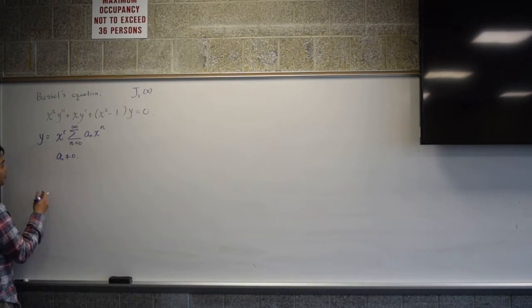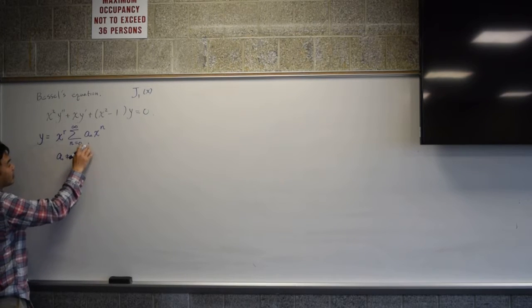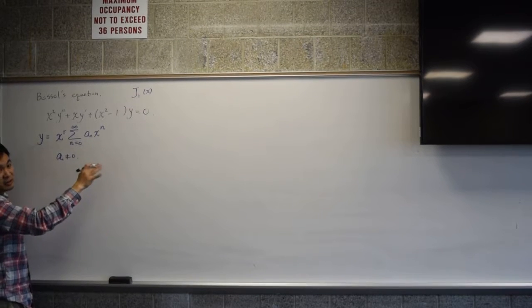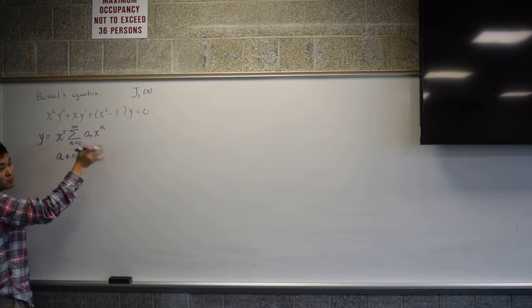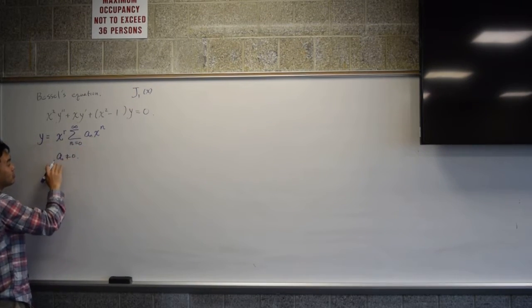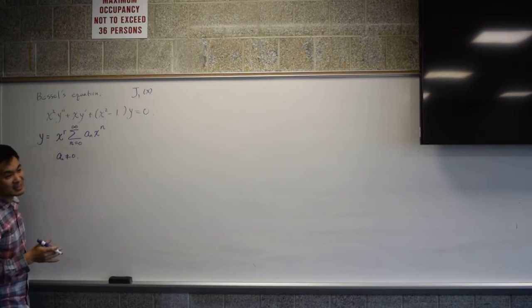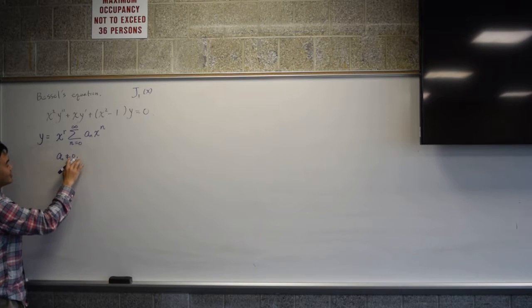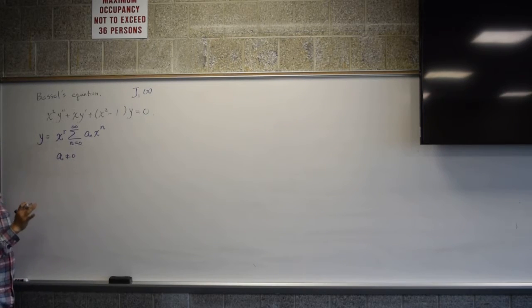What does that mean? It means that if A0 happens to be 0, then we're not going to call that A0. The first non-zero term that you see will be called A0. Okay, well, that may have been a little cryptic, but maybe I'll have some chance to explain what I mean by that later on.